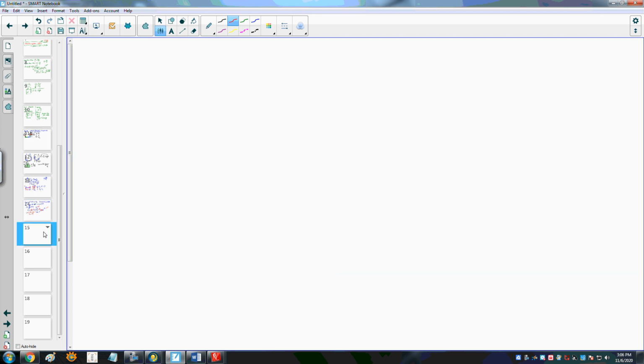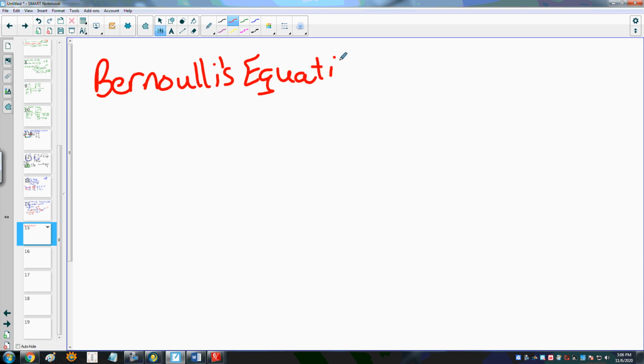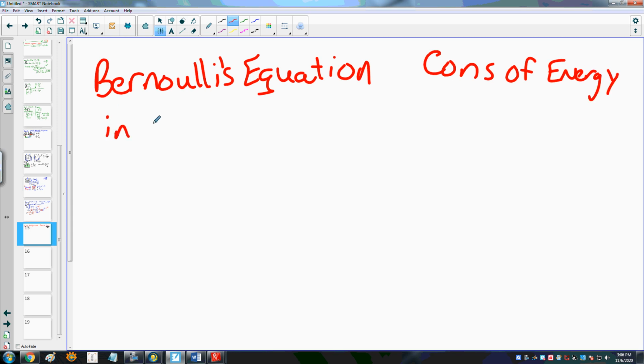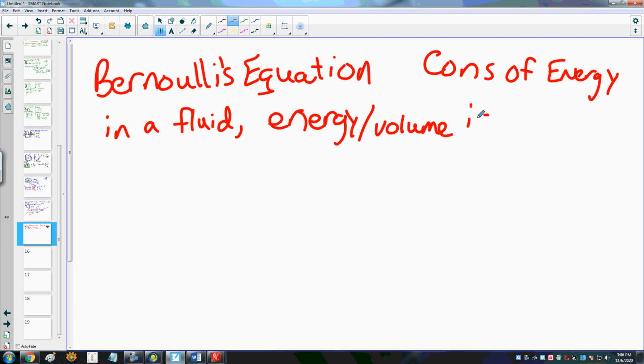The final part of this chapter, chapter 9, is on Bernoulli's equation. Bernoulli's equation is based on the conservation of energy. It says that in a flowing fluid, or really in any fluid, the energy per unit volume is constant.